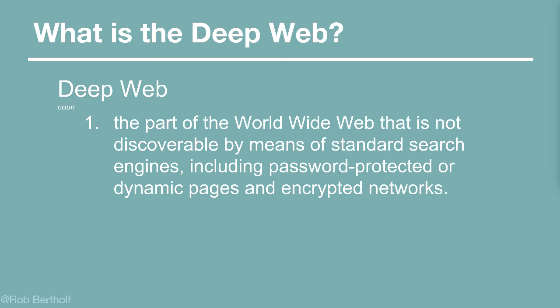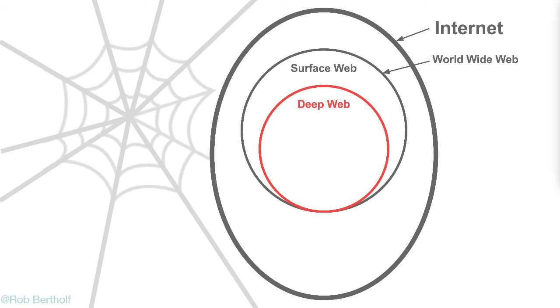But there's more. The deep web is the part of the World Wide Web that's not discoverable, for various reasons, by search engines. This could be because the content's password protected, because the site is set up where the search engine's crawlers can't actually find the content, or it's otherwise encrypted.